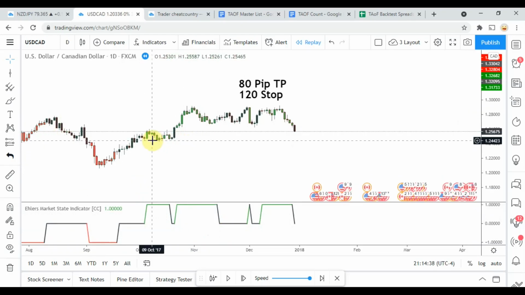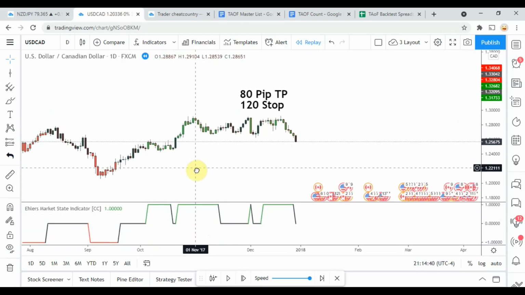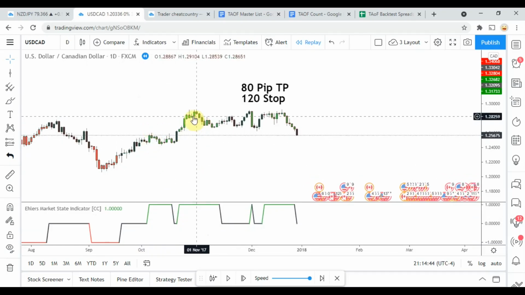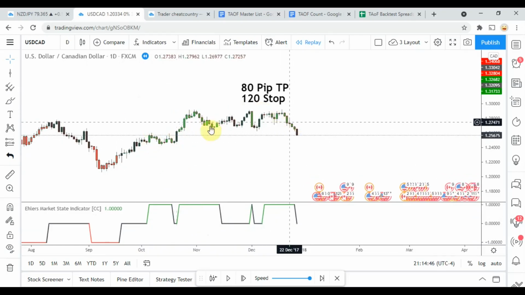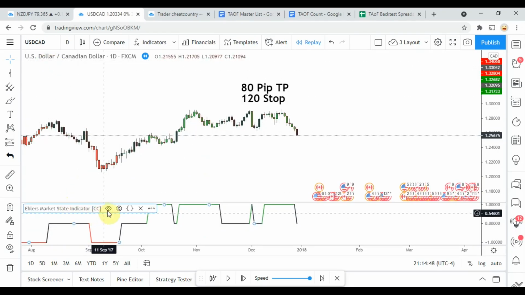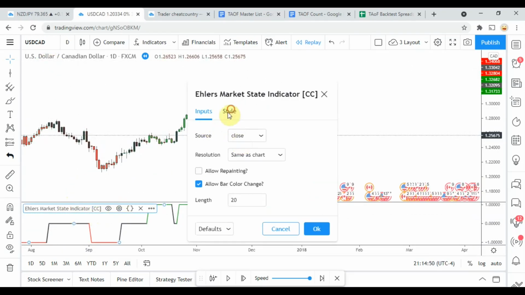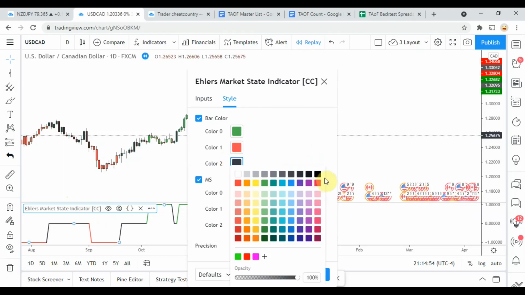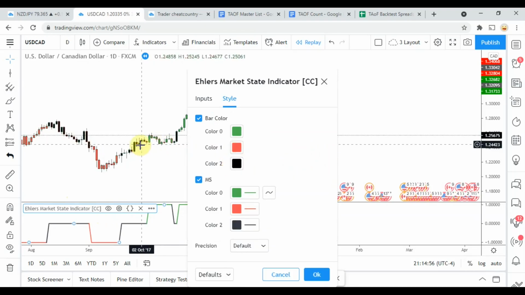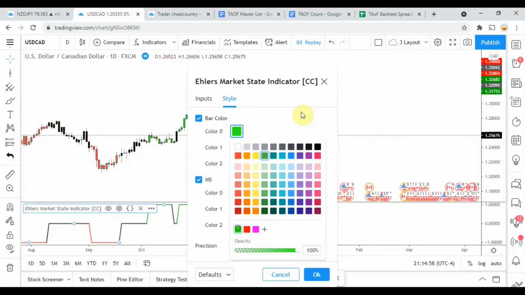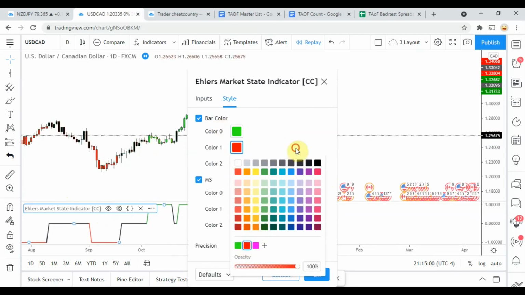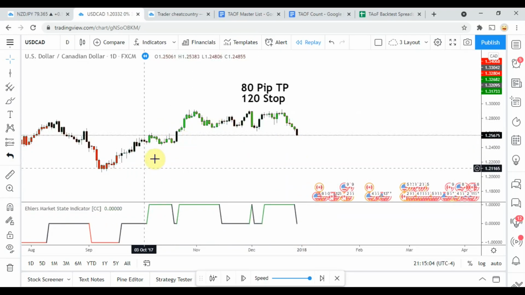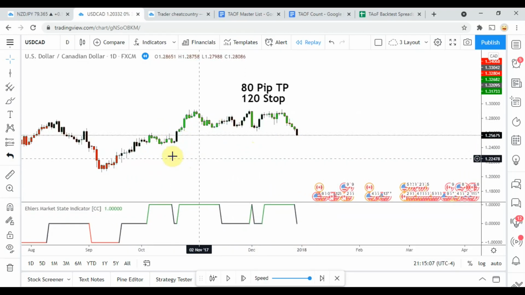And like most of the Ehlers indicators we've tested by Cheat Country, it also paints the bars green or red. It's actually kind of hard to see on this one, I think, because the black is so close to the green. So let's go in and change these colors, so that it makes it stand out just that much more.